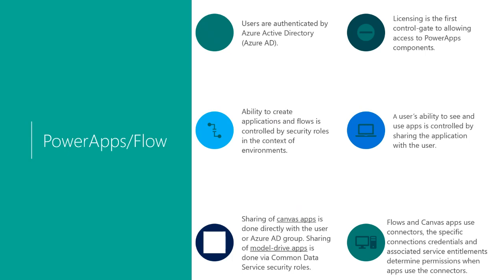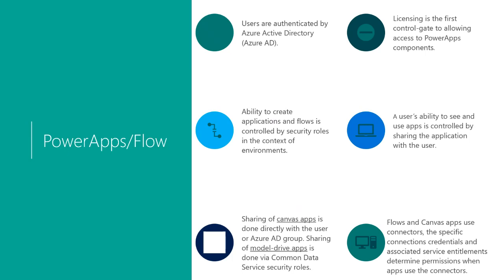And then, as we discussed, Environment Maker is a role which helps you create flows and Power Apps. So the third gating process is whether you have the required role to create apps and flows. I'm not going to talk about gateways and all of that; we restrict the conversation to Power Apps and Flow.